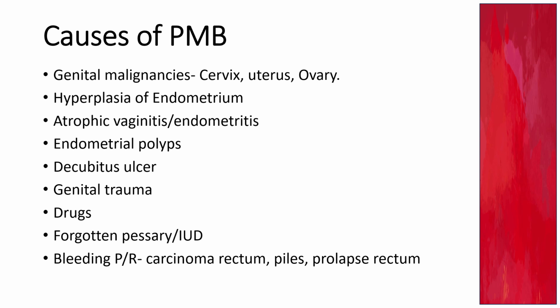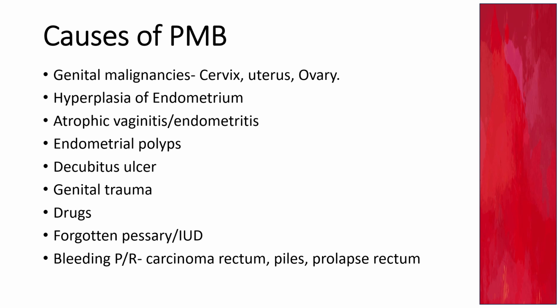All these can present as postmenopausal bleeding. Rarely, you may come across a woman who had an IUCD or pessary put a long time ago and has forgotten about it, which may later lead to postmenopausal bleeding.